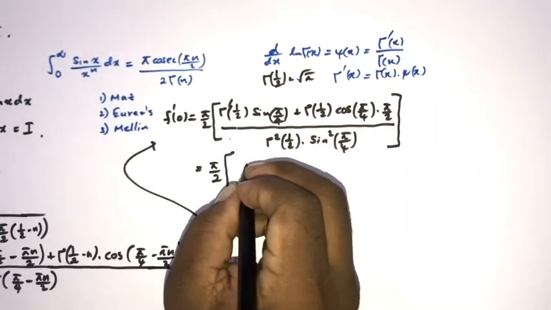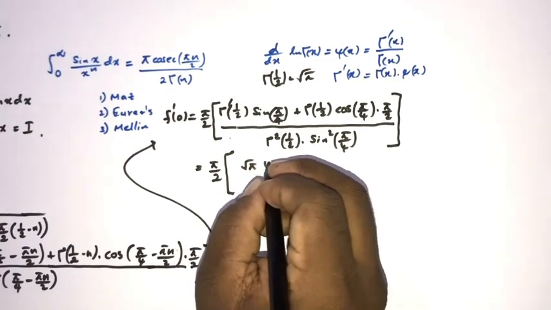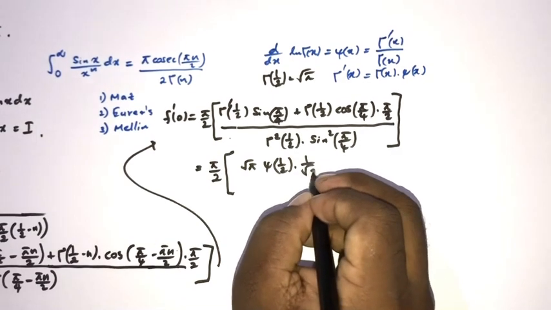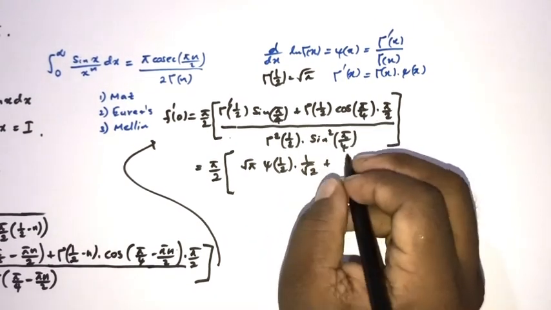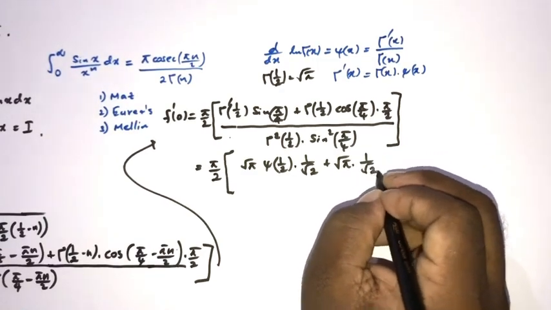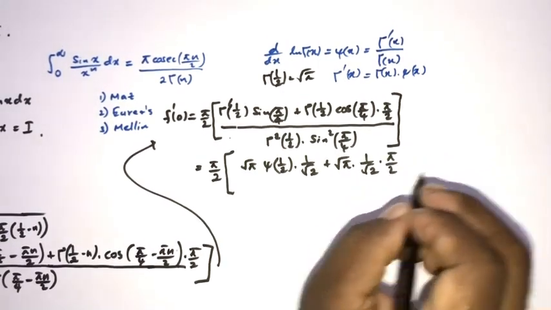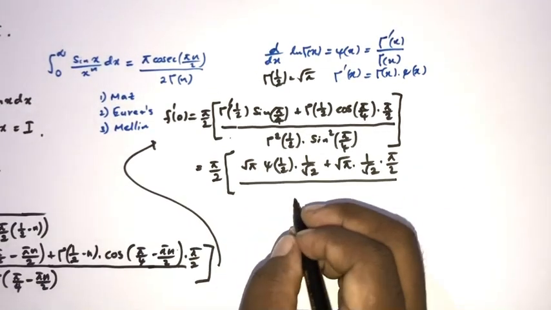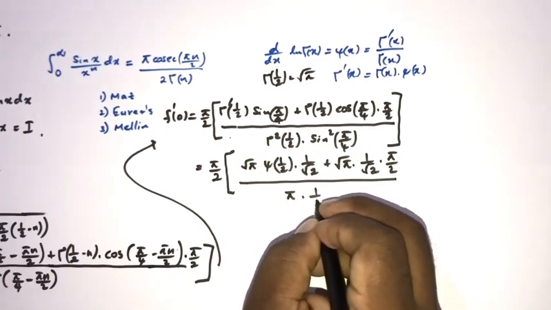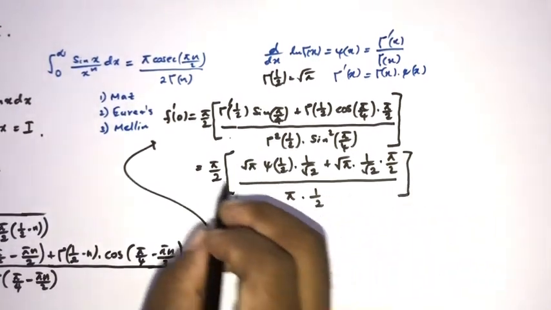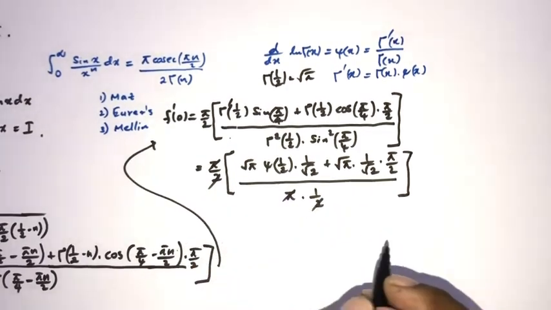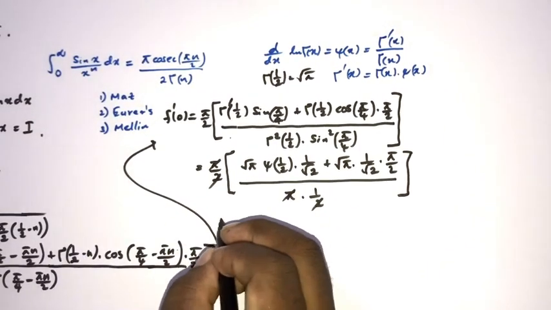So we have square root of pi times digamma of 1/2 times 1 over square root of 2, plus square root of pi times 1 over square root of 2, with pi over 2 in the numerator. In the denominator, gamma squared of 1/2 is pi, and sine squared of pi over 4 is 1/2. The pi cancels and the 2s cancel.